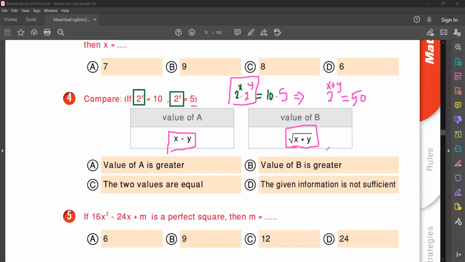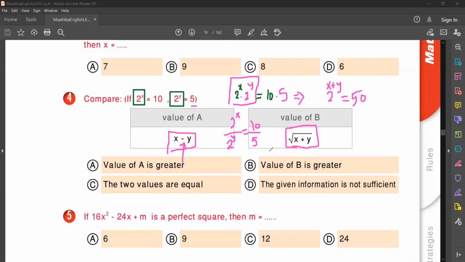Okay, now we write the same here, but divided, because I have subtraction. How do I get subtraction? I write it as division. 2 to the power x divided by 2 to the power y equals 10 divided by 5, which is 2.